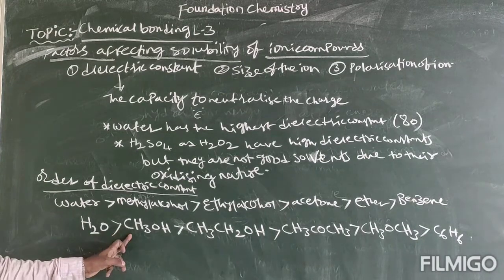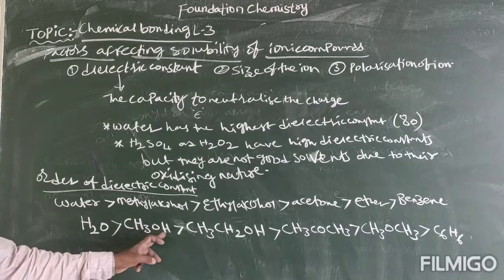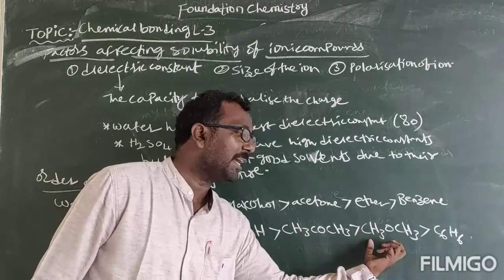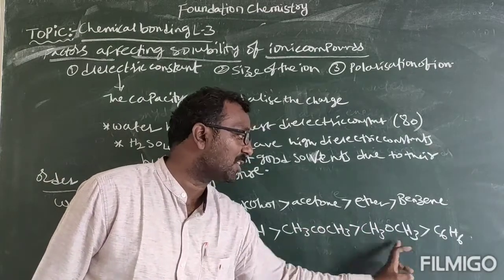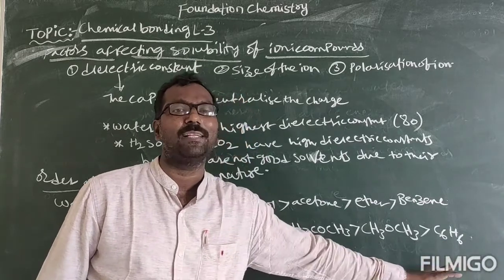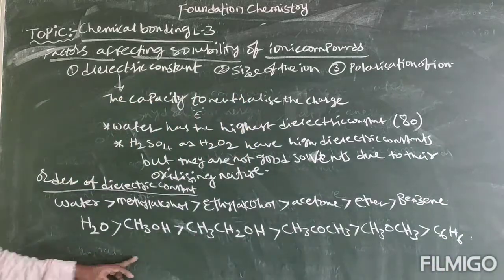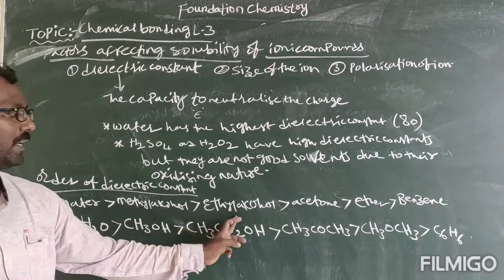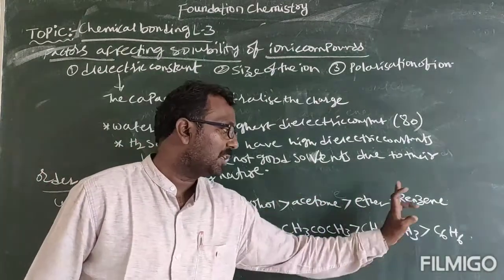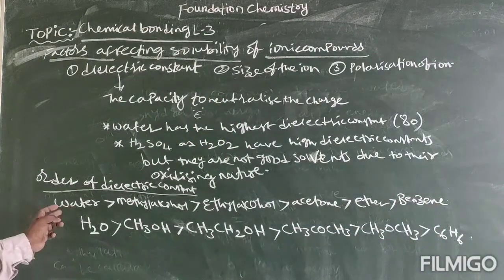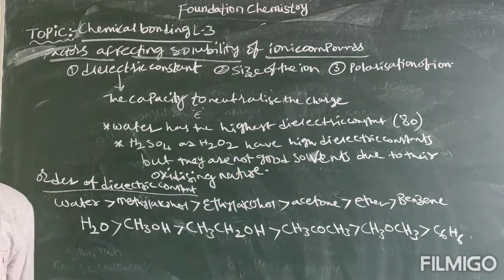Here one carbon is there, here two carbons, here three carbons. Here again two carbons, but the hydrogens are balanced, 6. Here 6 carbons and 6 hydrogens balanced. So that is the order: water, methyl alcohol, ethyl alcohol, acetone, ether and benzene. Benzene has the least dielectric constant.